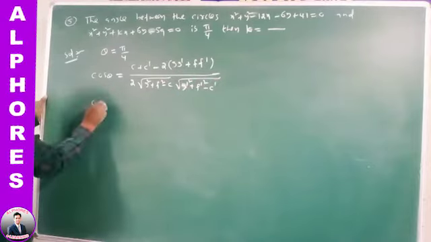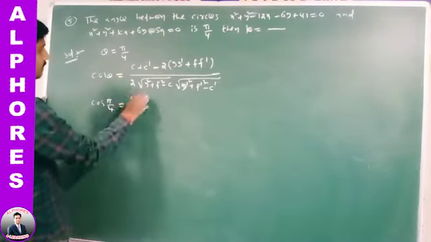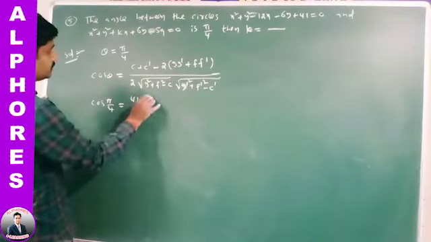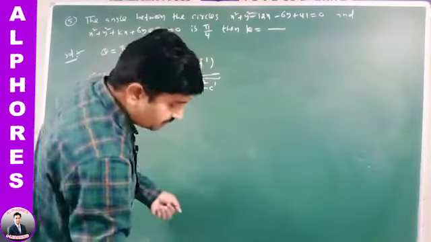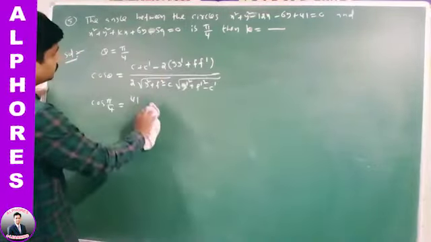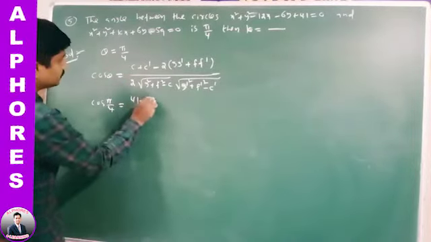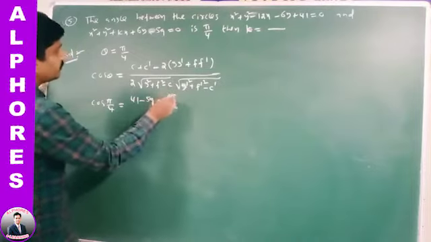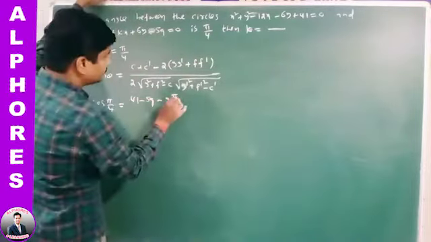Now cos 5/4 equal to c plus c dash, c is 41, c dash is minus 59, minus 59 plus 2 of g dash, g equal to minus 6.